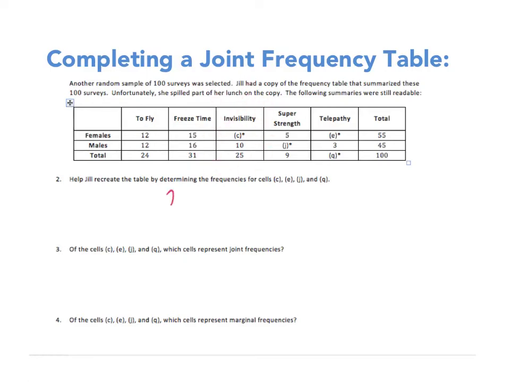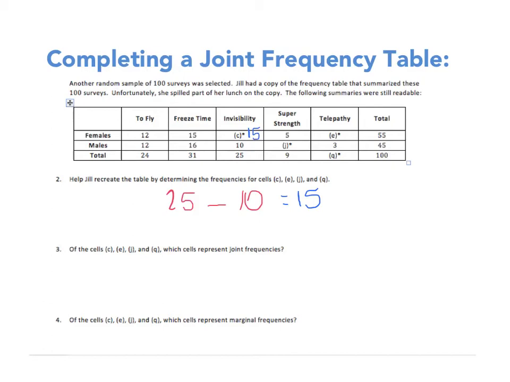And I see that the total is 25, and there were 10 males that chose invisibility as their favorite power. So whatever C is, it has to add up to 25 because the total of all responders, male or female, who chose invisibility as their favorite superpower, is 25. So we just need to take 10 away from 25. We find out that C is 15.